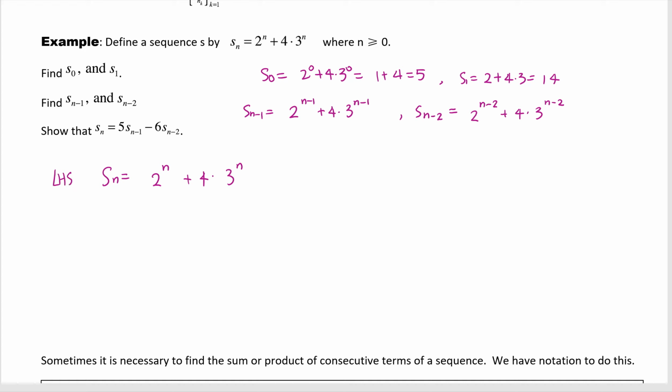There's one way we can start with the left hand side, and then we can look at the right hand side. In this case it is 5 S_{n-1} minus 6 S_{n-2}. So we can see what it is.